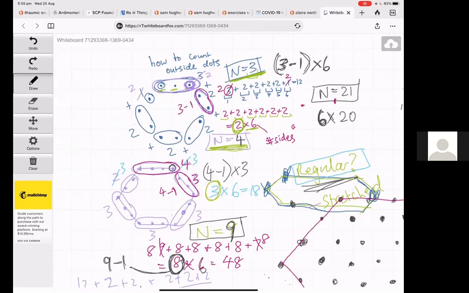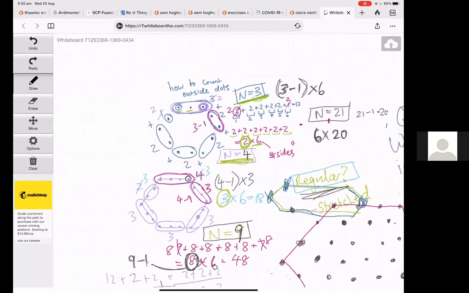Good, because 20 is 1 less than 21. Because 21 minus 1 is 20. And it has to be 20 because you have to take away 1 dot before you add up that number 6 times.